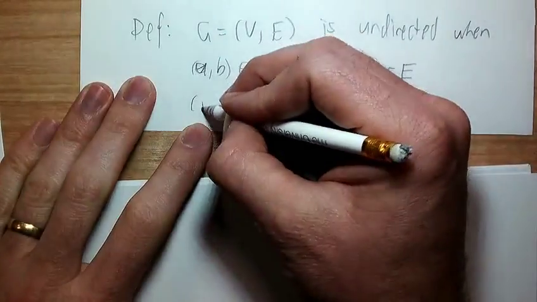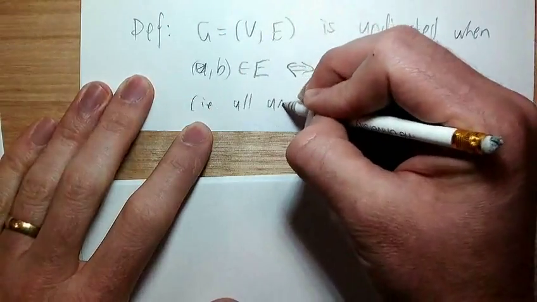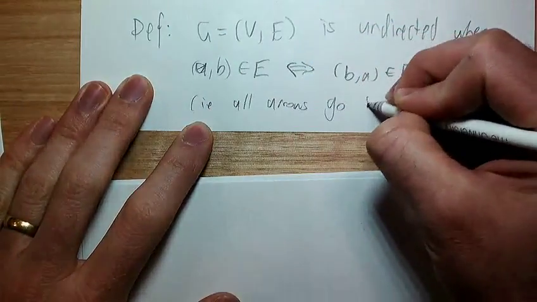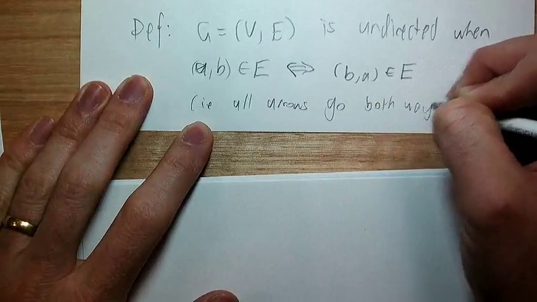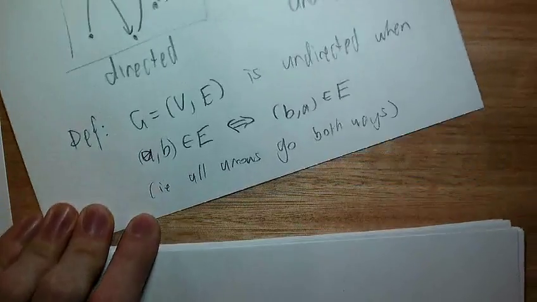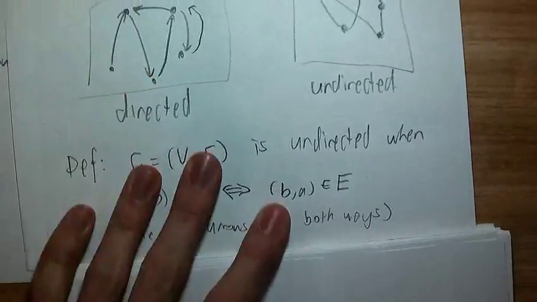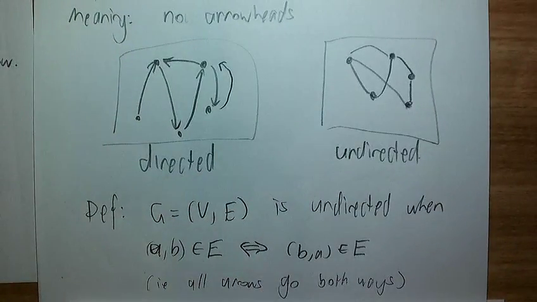So all arrows go both ways, but the way we draw it is to just not put any arrows at all. One of the things about the way mathematicians come up with definitions is that they don't always match exactly with your intuition of how the picture works.